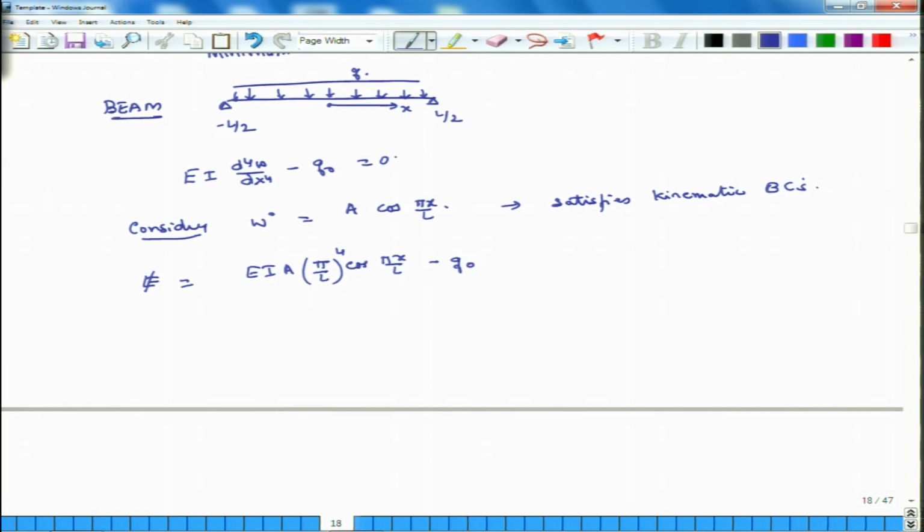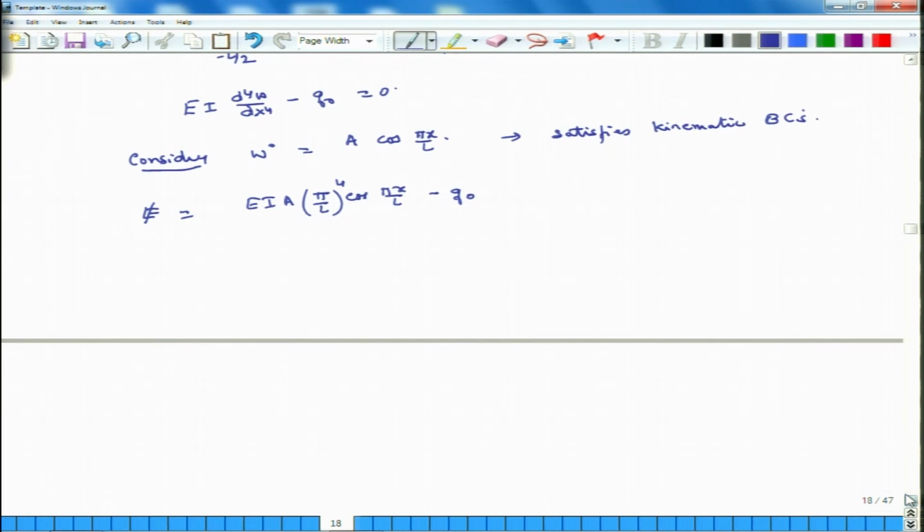Now, what we do is we square this error, and then we integrate the square of this error over the domain.